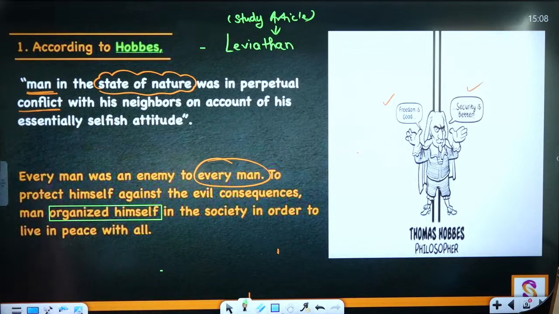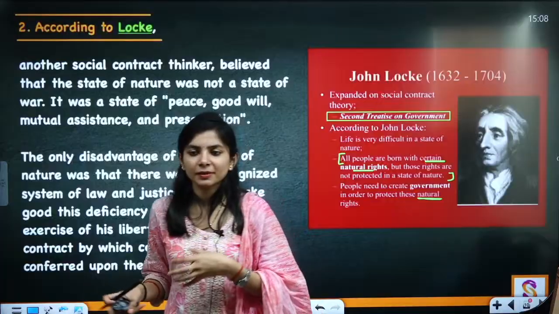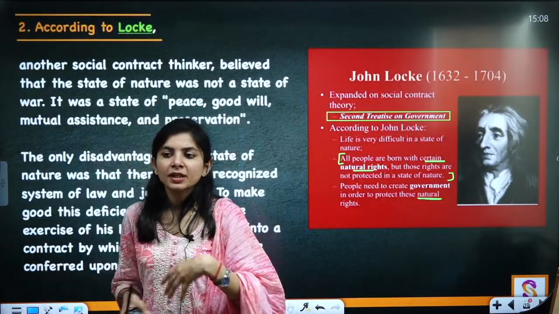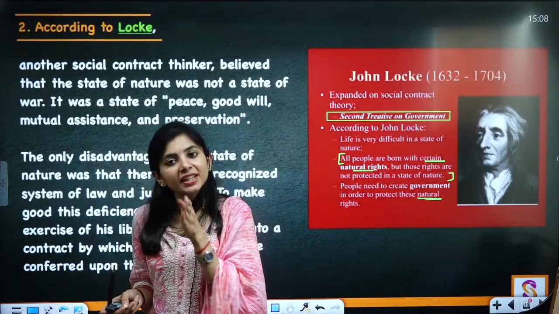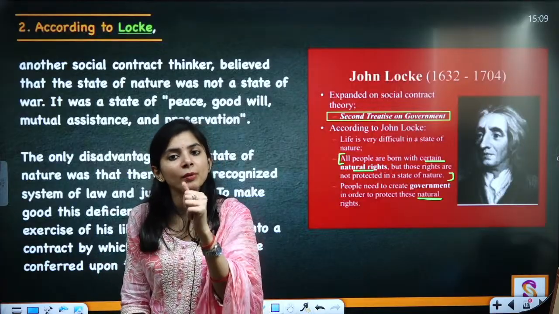So John Locke believed that, let us suppose, imagine a group of gamers. The gamers were playing their own game, doing things as they wanted to, but we require someone to mediate. We require someone to provide the rules.